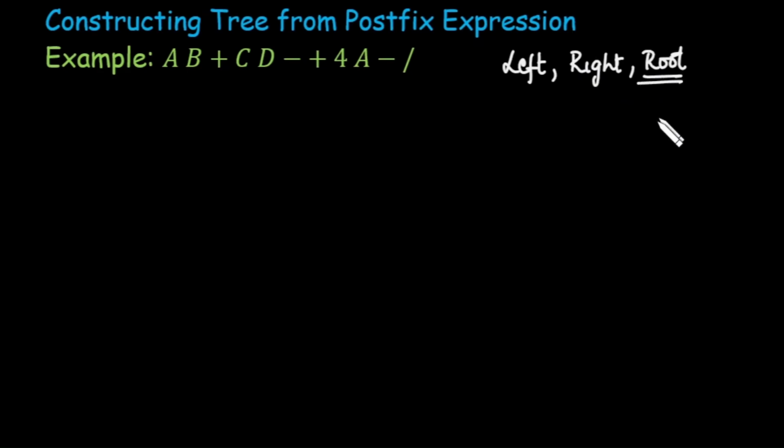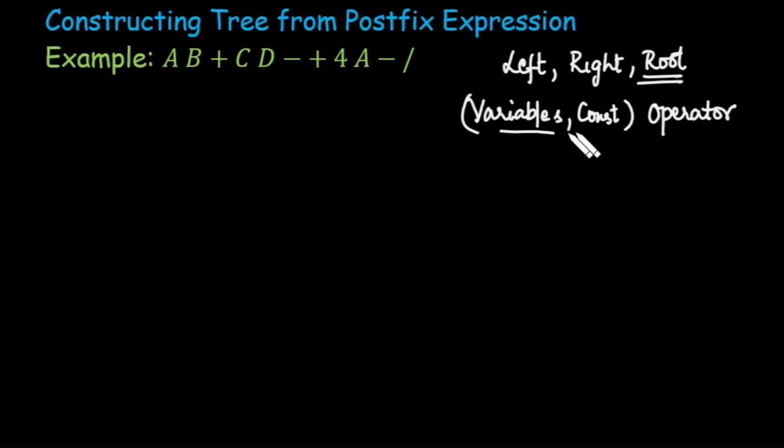And root is always an operator, whereas for the left and right, we are just looking for variables or constants together. Either both are variables or both are constants, maybe one of them is a constant. But make sure the root is always an operator.